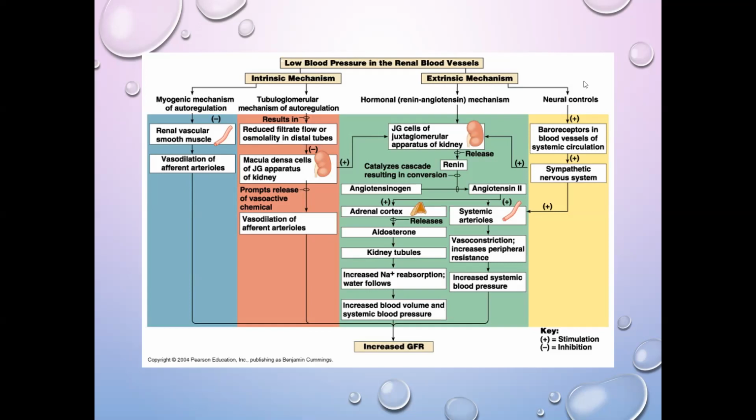So we have ample means by which we can raise our blood pressure to get it back to a proper GFR filtration rate. And so we have two ways that we can do it. We can do it intrinsically, which means at the kidney level. So remember we did these last week: myogenic mechanism, tubuloglomerular mechanism. And then we have extrinsic, where we go out and affect the whole body.